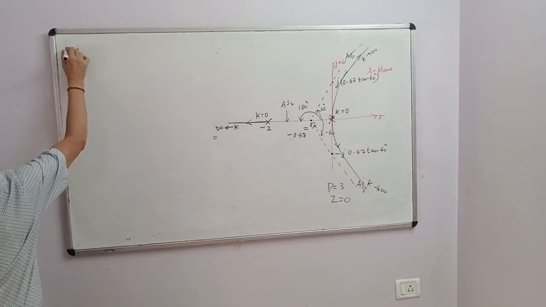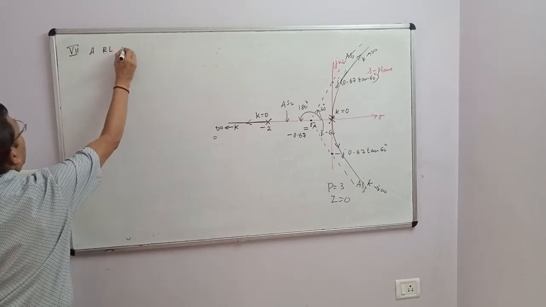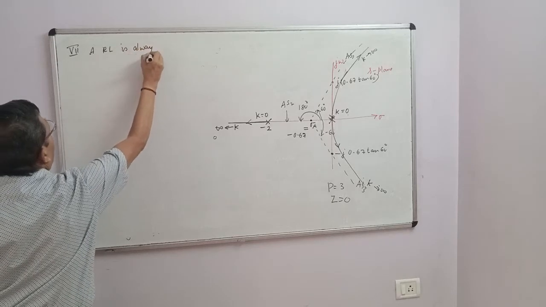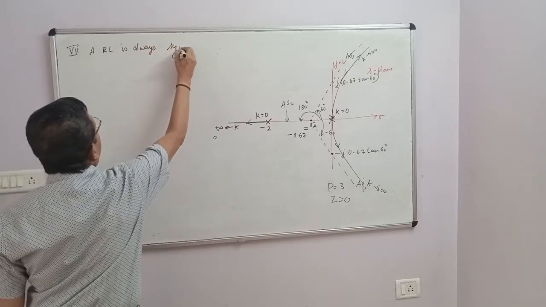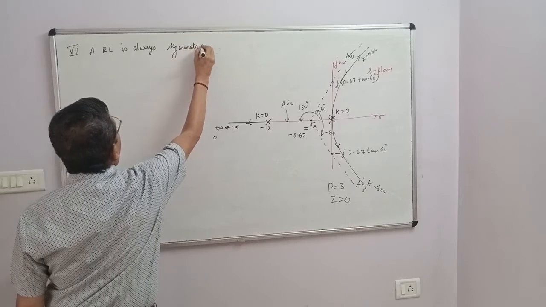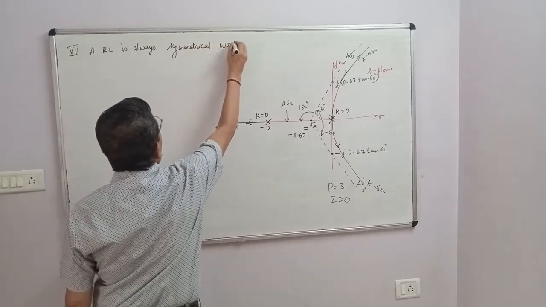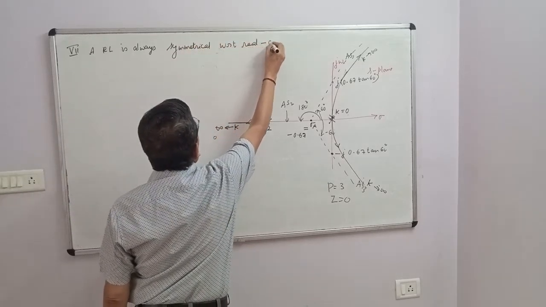Point number 7. A root locus is always symmetrical with respect to the real axis.